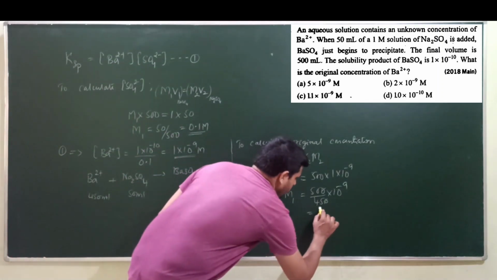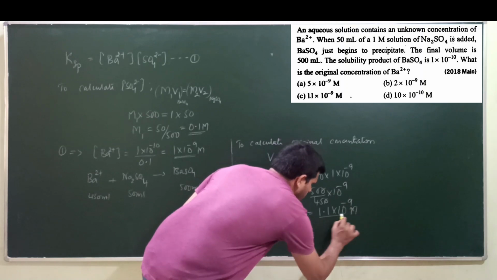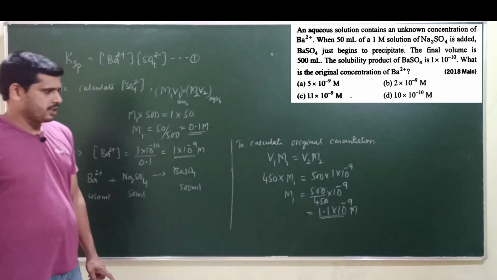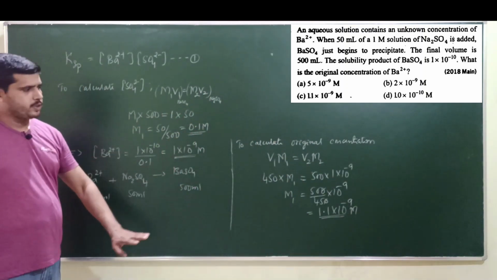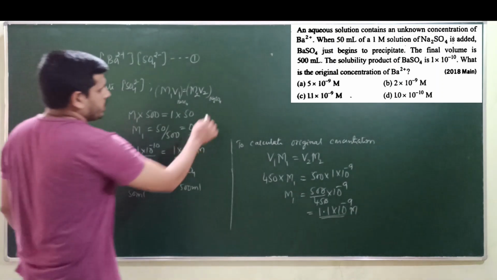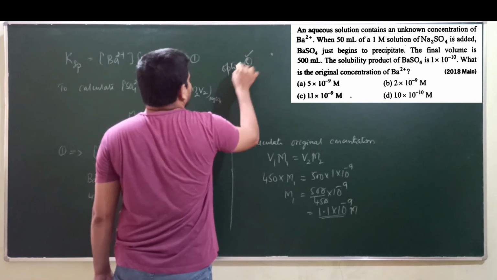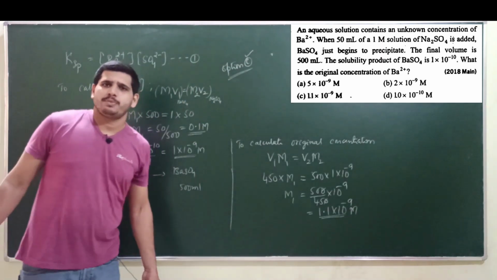So this is almost 1.1 into 10 to the power of minus 9 molar. This is the original concentration of barium. So which option, dear students? The option giving this value, as you can see, is option C. So option C is to be selected. That is the end of this problem.